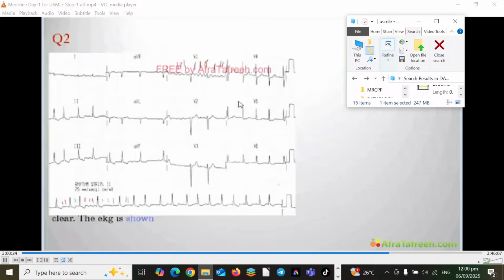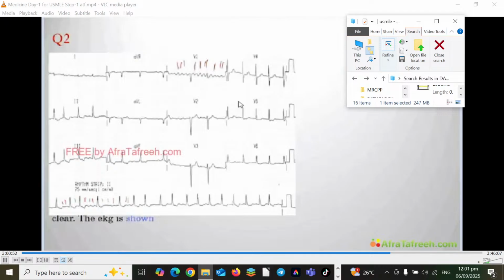It is atrial fibrillation. What you mean by atrial fibrillation is, if this was your atria and this was your ventricle, the atria contracts and the ventricle contracts. Then the atria contracts, then the ventricle contracts. Suddenly, the atria starts contracting a lot. All the impulses cannot be transmitted to the ventricle because of the AV node.